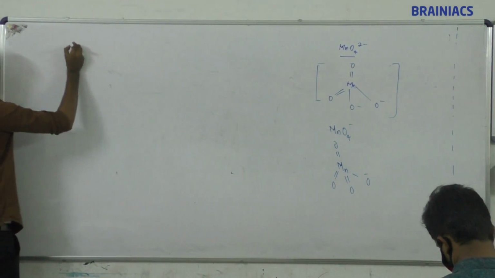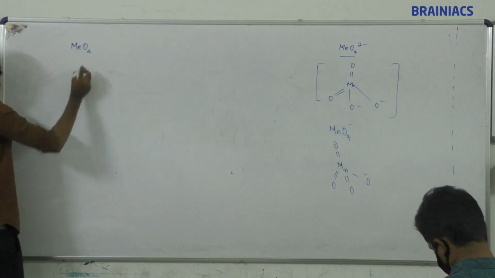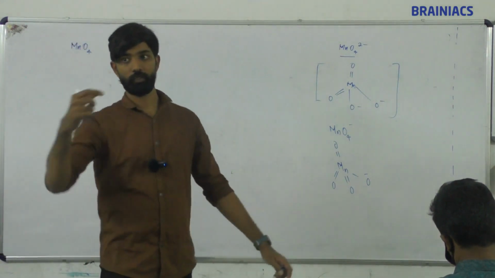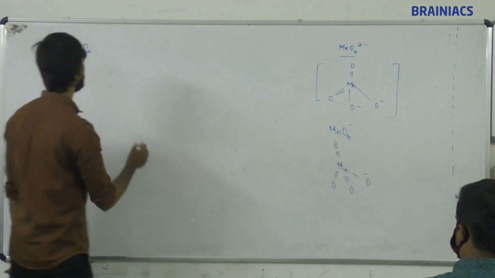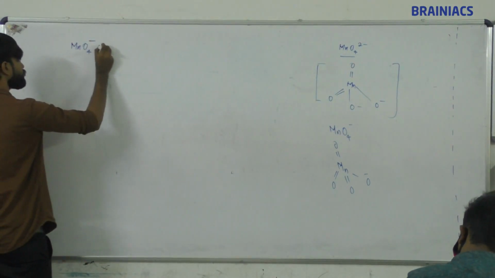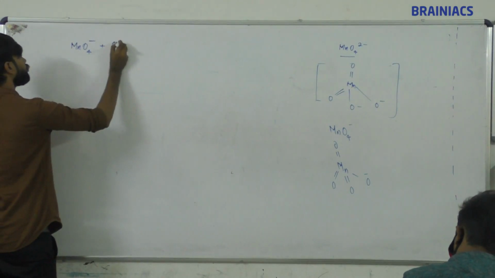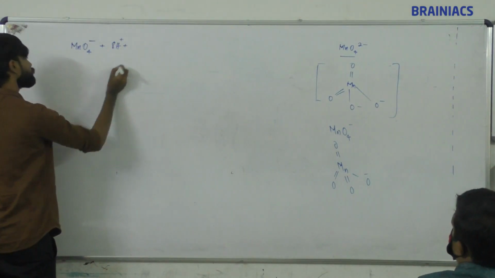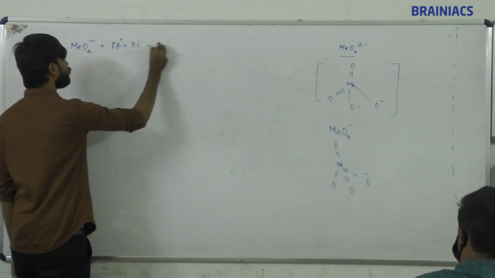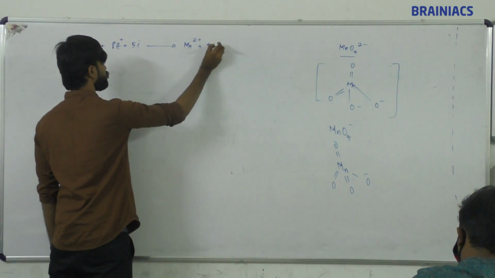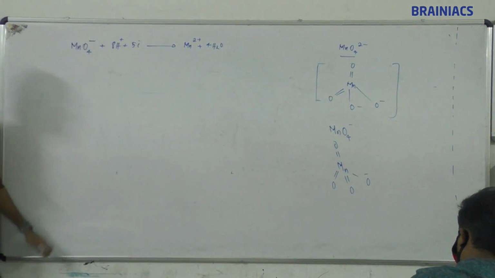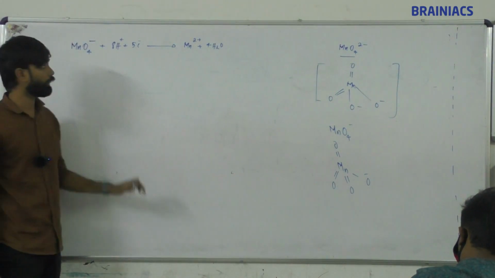In acidic medium, MnO4 minus becomes Mn2 plus, and you know it is discussed already. The reaction is MnO4 minus plus 8H plus plus 5 electrons gives Mn2 plus plus 4H2O.